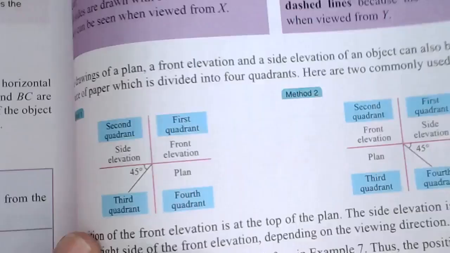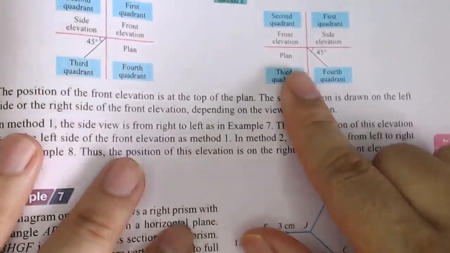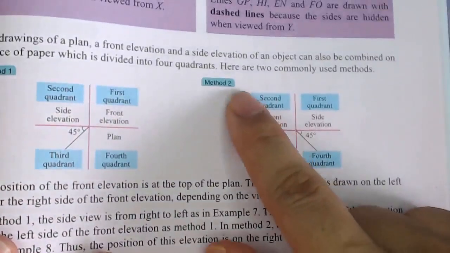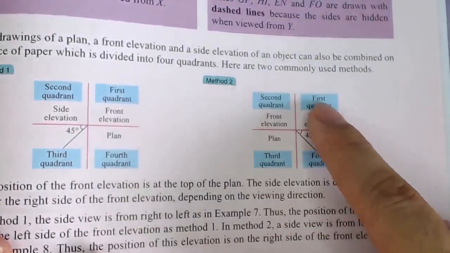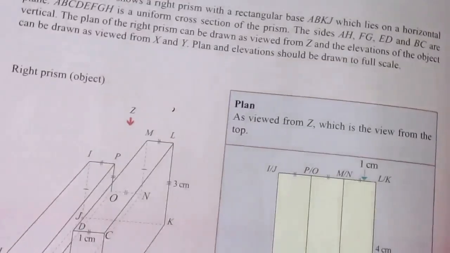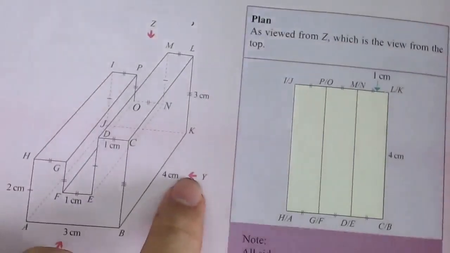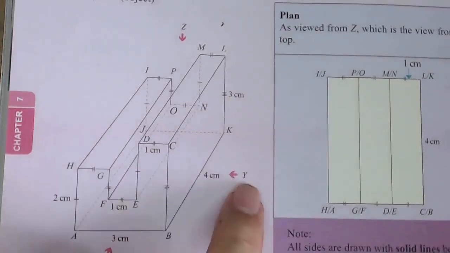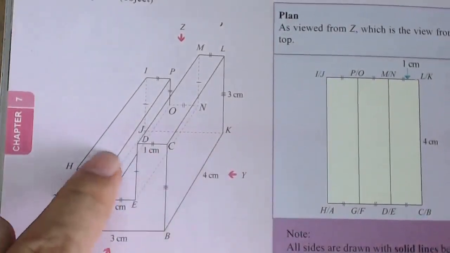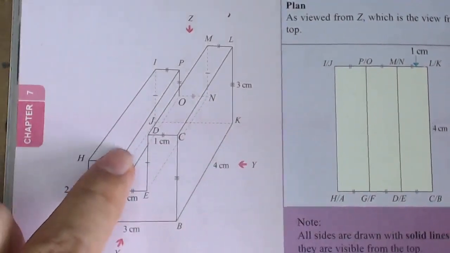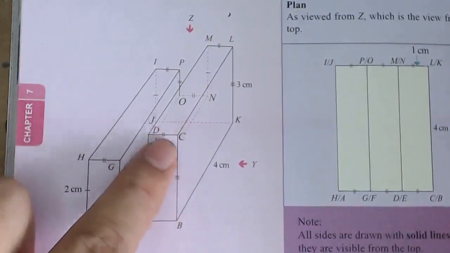But if Y here, you want to look on this side, it is better if you choose method number 2, which you're going to see on this side. Because why do we need to change the side of Y? Because if we look on this side, the object at the back here is hidden by this plane.